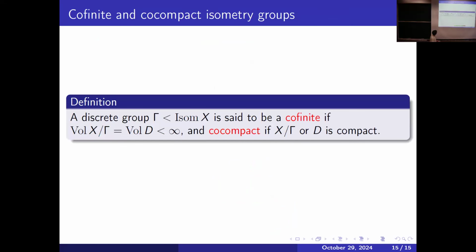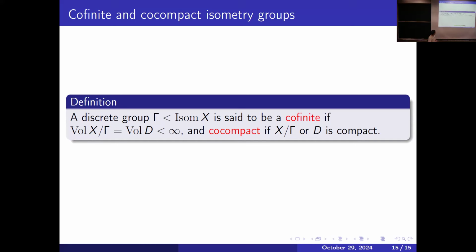I'm already close to switching to the blackboard. So the last definition I was going to write down is the definition of the cofinite and cocompact isometry groups. A discrete group is said to be cofinite if the quotient X mod gamma, or which is the same as talking about D, has finite volume.